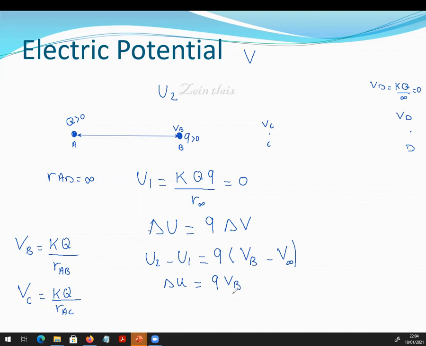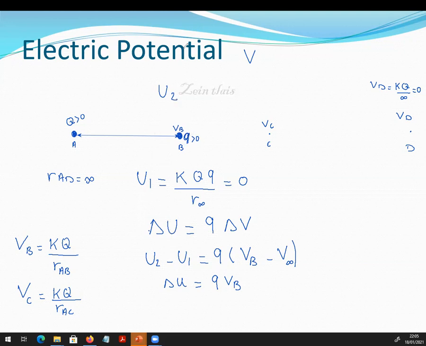What I mean? Look, if I put a charge at B, delta U of the system equals the added charge, the displaced charge, times VB. Okay, this is the difference.